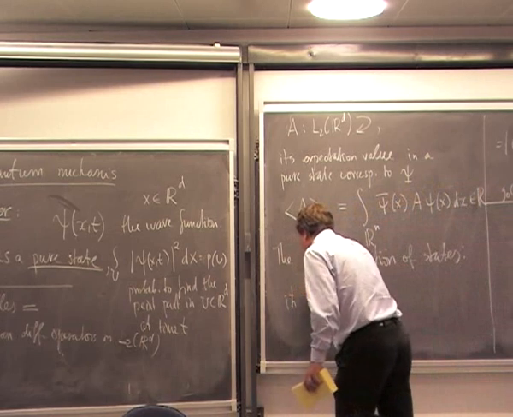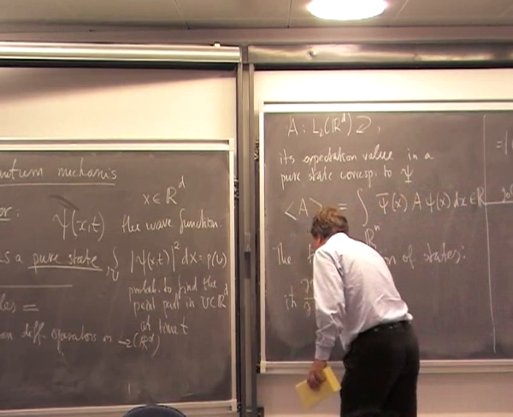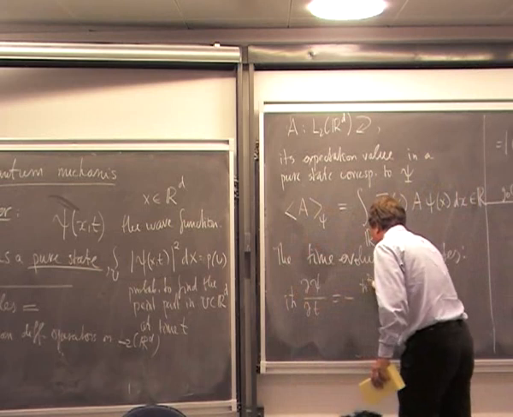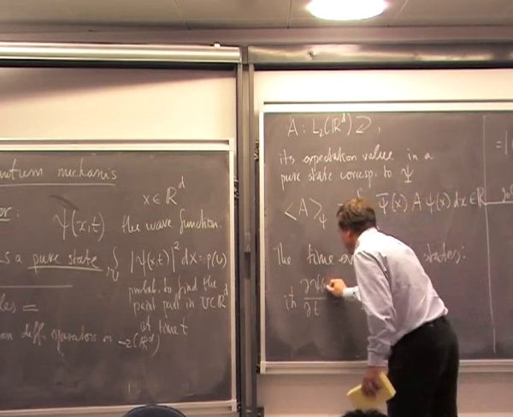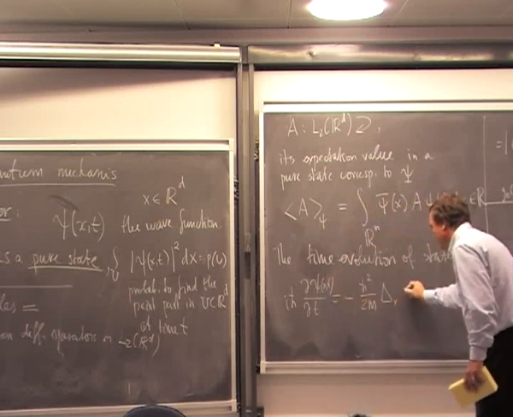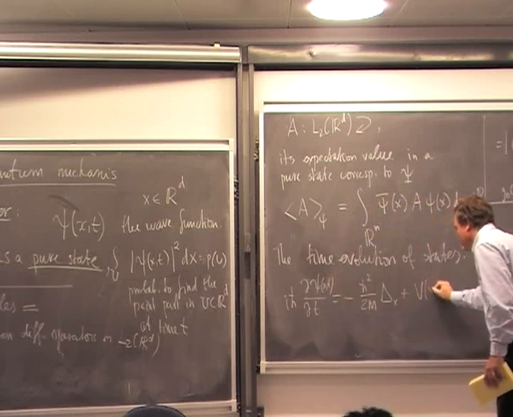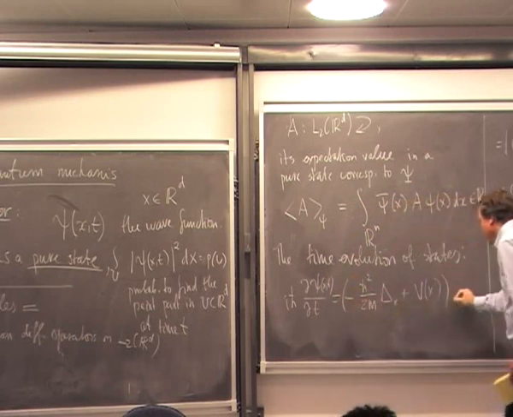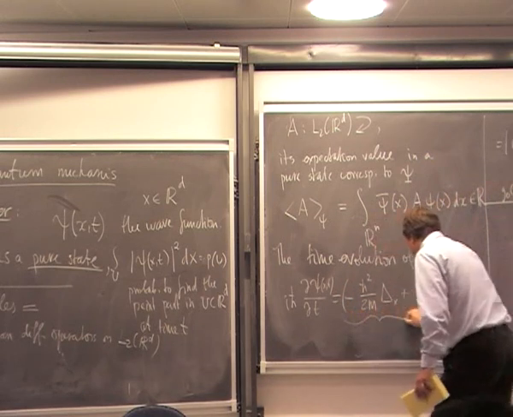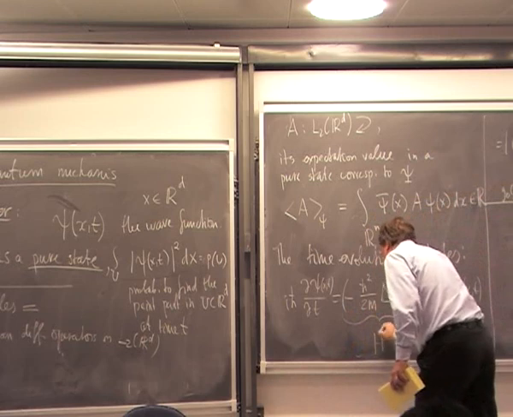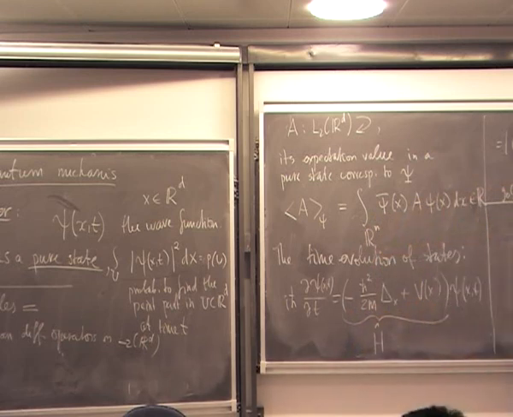It's i h-bar d psi/dt equal to minus h-bar squared over 2m, the Laplacian, which acts on x variables, plus V of x, psi of x, t. And this differential operator is called the Hamiltonian, and I'll put a check there to distinguish this Hamiltonian from the classical Hamiltonian function that we had before.